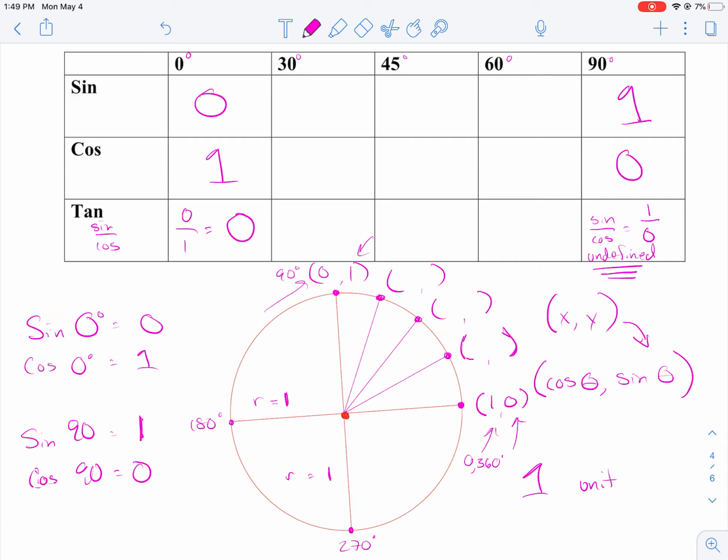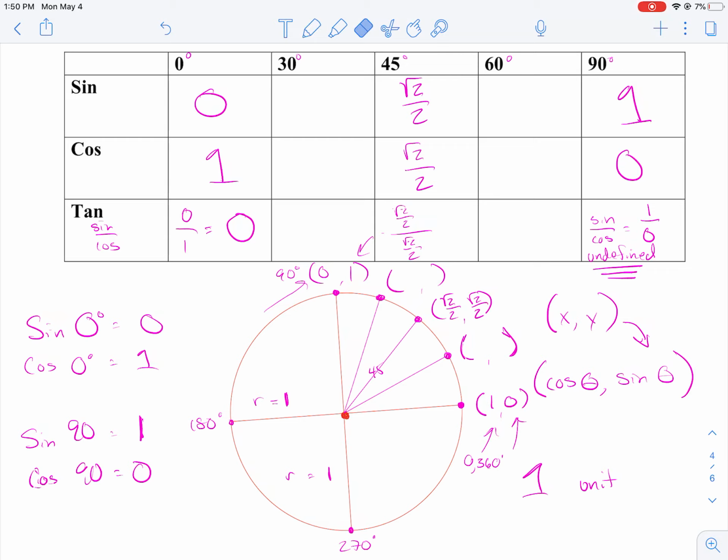Now, 45 degrees is nice. So this is going to be 45. 45 degrees has the same value for its sine and cosine. So the sine of 45 degrees and the cosine of 45 degrees is square root 2 over 2 for both cases. And so our tan is going to be square root 2 over 2 divided by square root 2 over 2. So keep flip change.